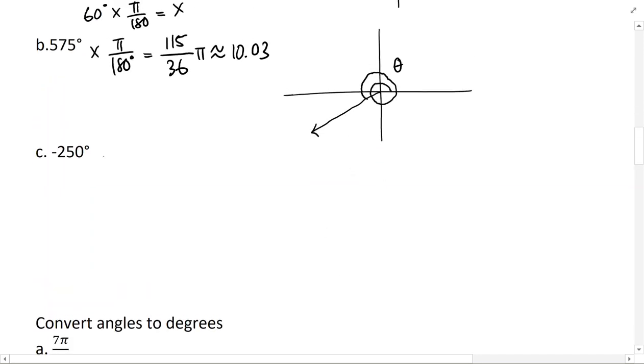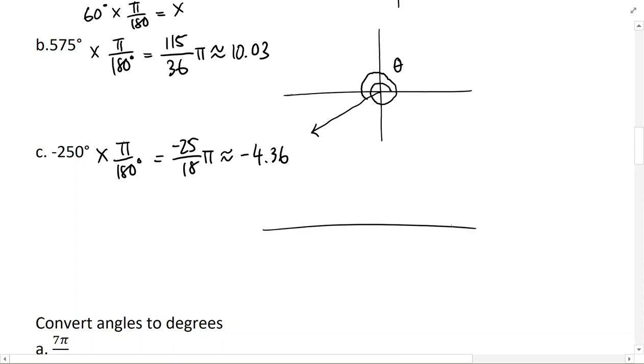We're going to do the same thing, just multiply it by pi over 180. And from here, you should get 25 over 18 pi. Once you multiply it, you simplify the fraction. And again, for your reference, if you treat pi as a number, you would get negative 4.36 radians.